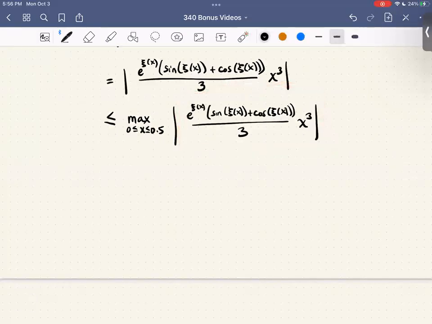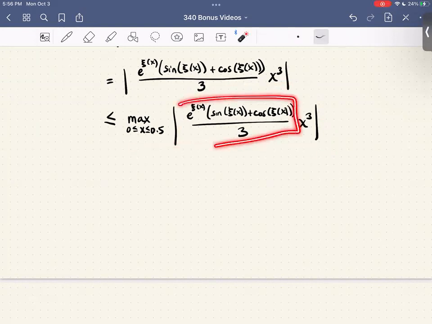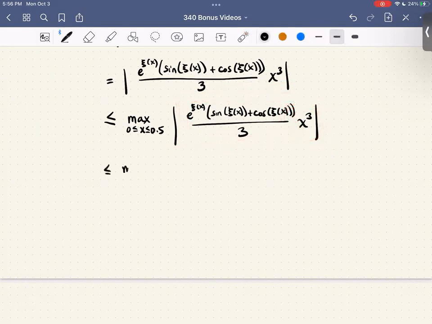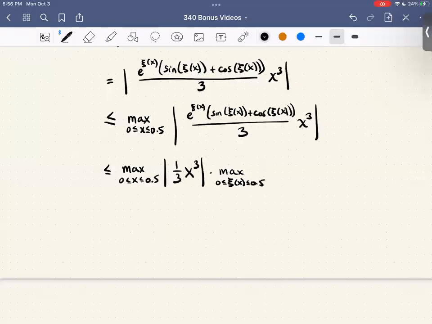I'm going to split this up into a couple pieces. I'm going to say that the max of this product of this term and this term is less than or equal to the maximum of each piece in the product. So the max of, I'll let this part be the 1/3 x cubed part, times the max over this interval of e to the c of x times sine.